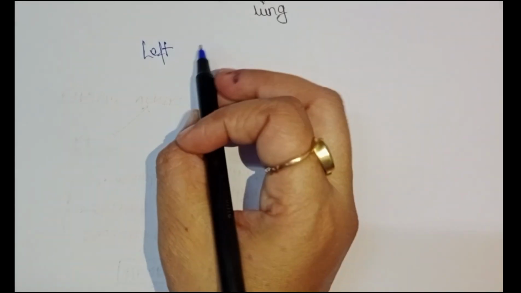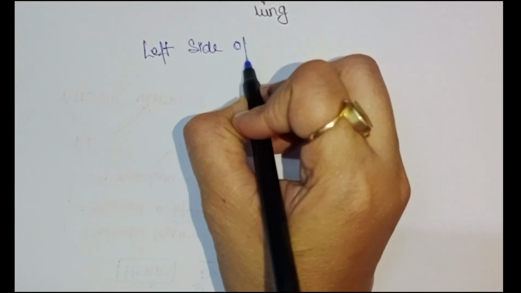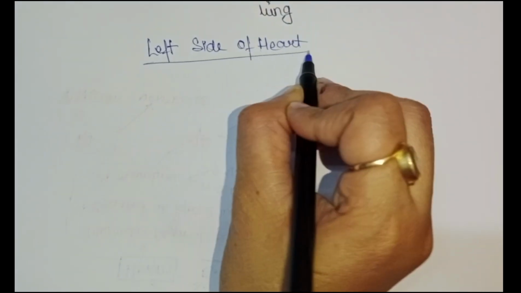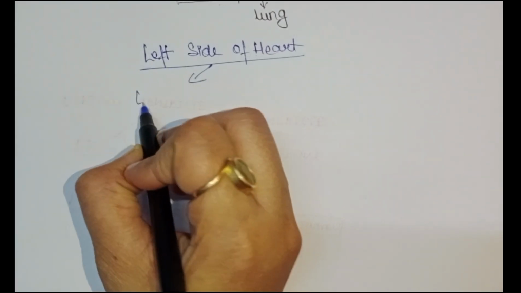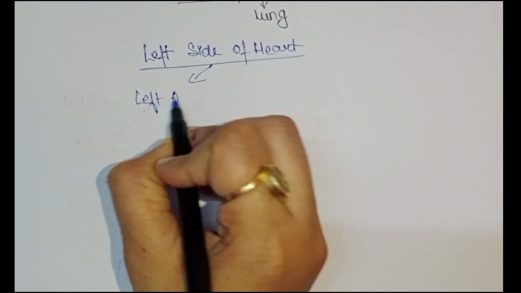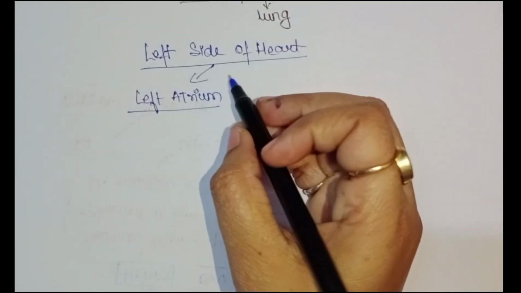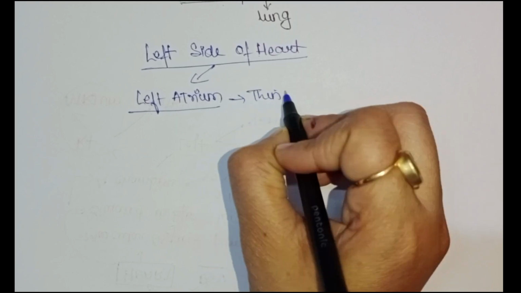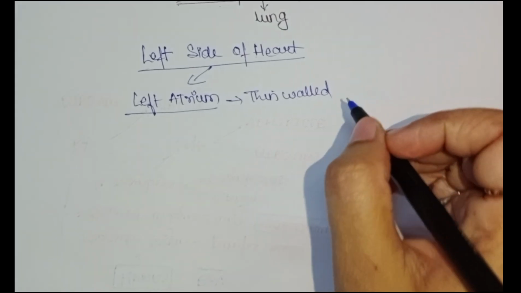Let us discuss the left side of the heart. The left side of the heart consists of first the left atrium. The left atrium is thin-walled and also a low pressure chamber.